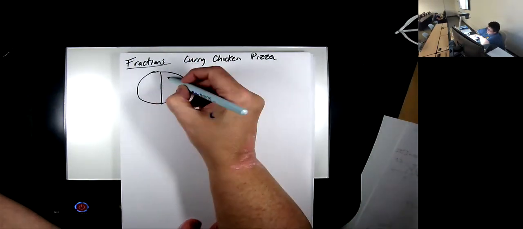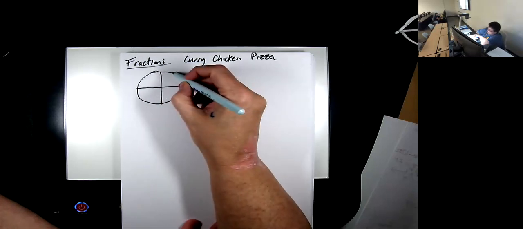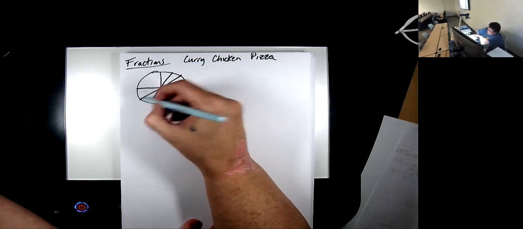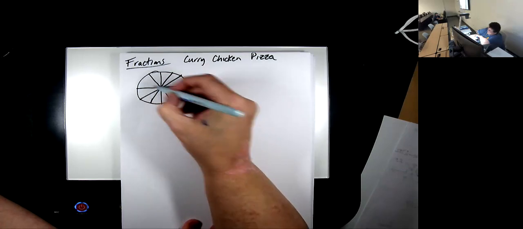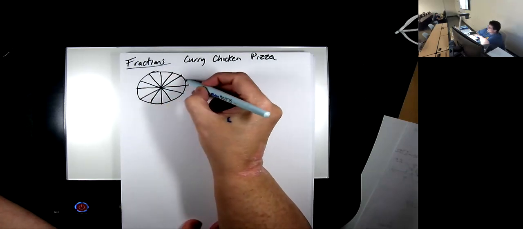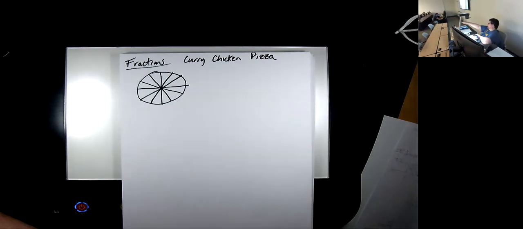Now let's say it comes with 12 pieces. Break it out like a clock, like one of those back there. I know a lot of you don't have them at home. That's a non-digital clock.